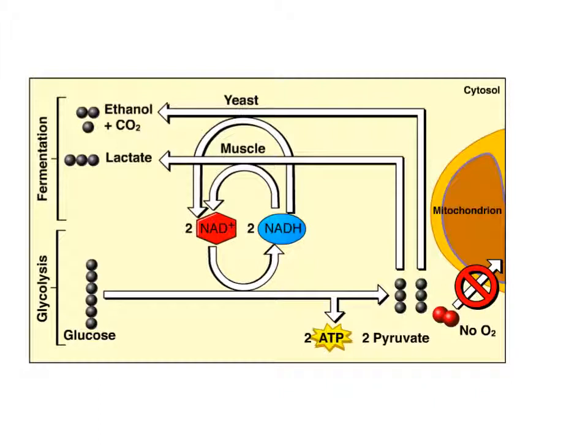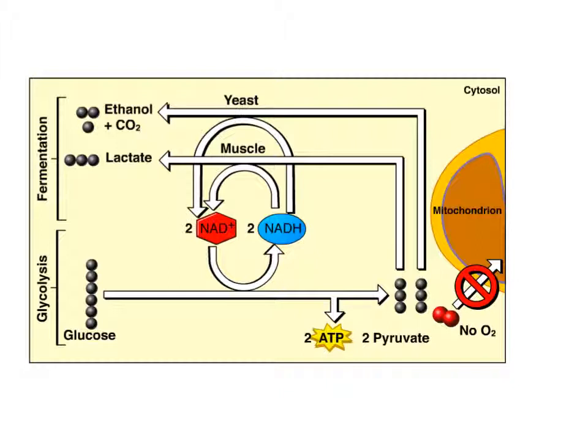Some cells are able to synthesize ATP via the process of glycolysis. In many cells, if oxygen is not present, pyruvate is metabolized in a process called fermentation. By oxidizing the NADH produced in glycolysis, fermentation regenerates NAD+, which can take part in glycolysis once again to produce more ATP.